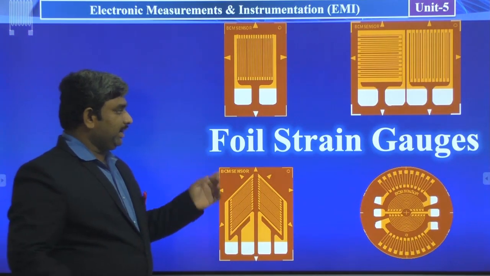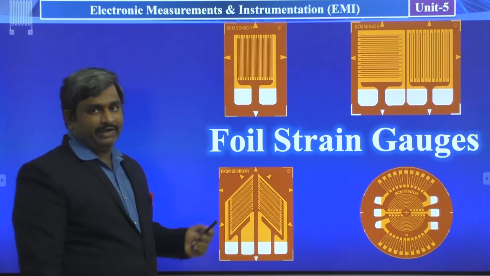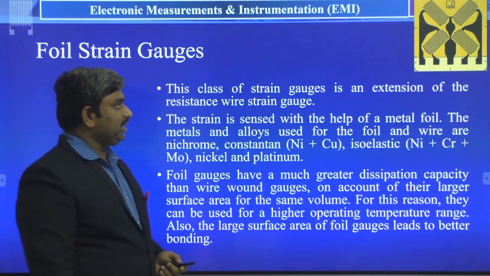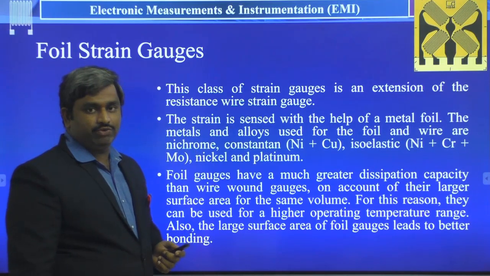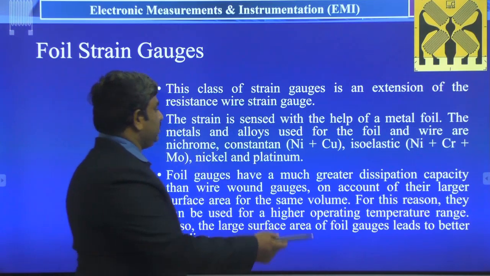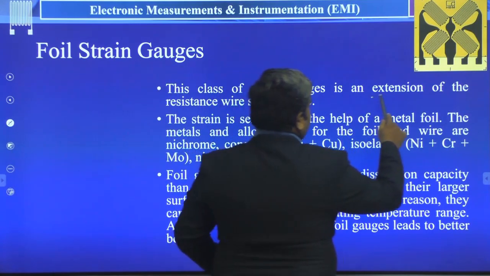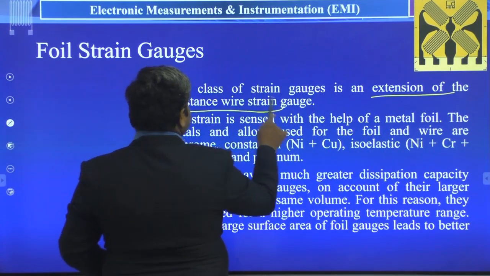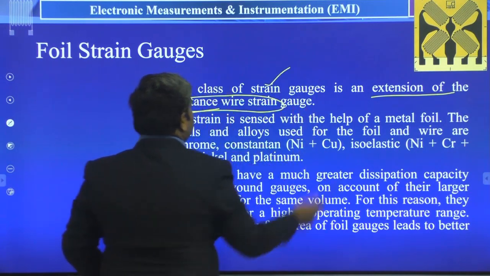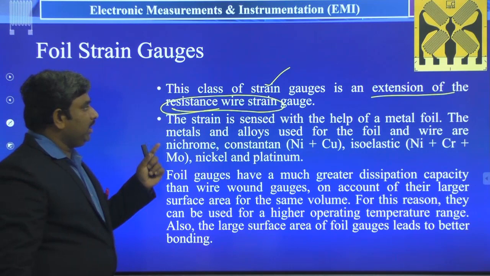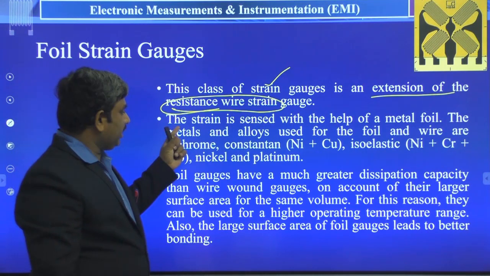Okay, next category is foil type strain gauges. This class of strain gauges is an extension of the resistive wire strain gauges. So here it is very important. The foil type strain gauges are completely an extension of the resistive wire type strain gauges.